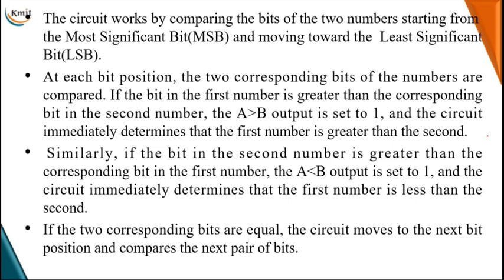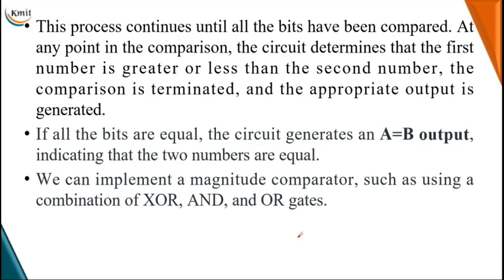If the two corresponding bits of the given inputs are equal, then the circuit moves to the next bit position comparison. If that next bit position is also equal, the comparison continues till the least significant bit position. This process continues till the last bit.